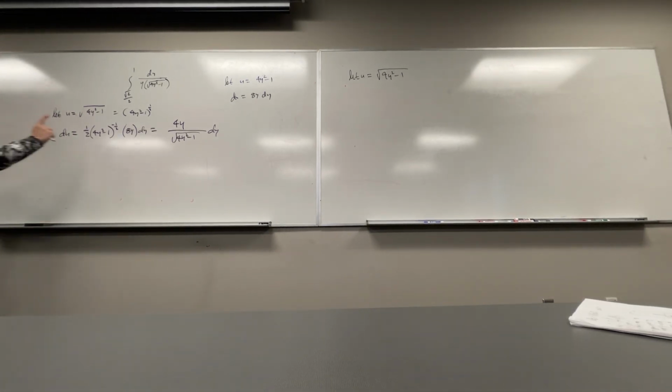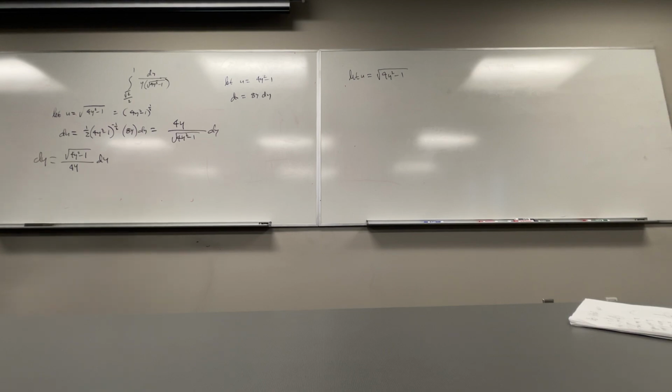So we wind up with dy, and we'll have du. That square root of 4y squared minus 1 will be on the top. So we'll have square root 4y squared minus 1 over 4y on the bottom, and then du, right?